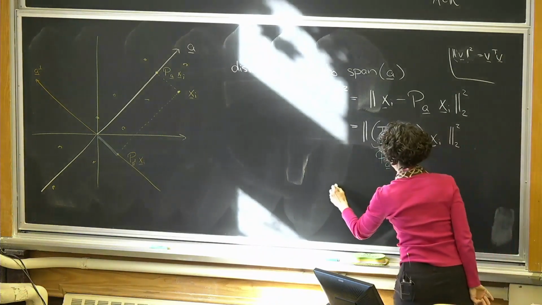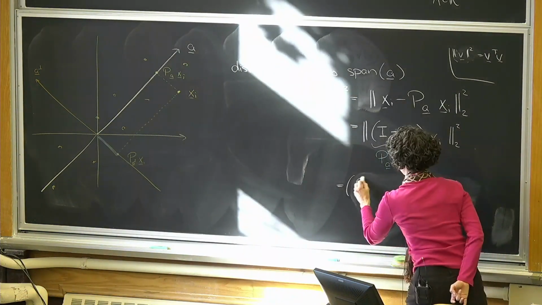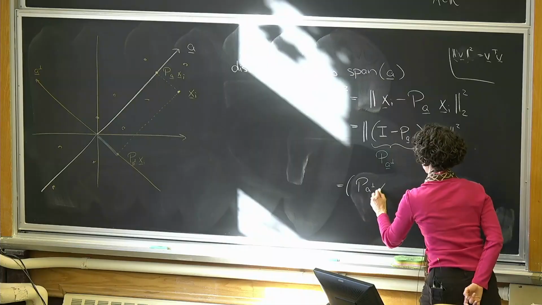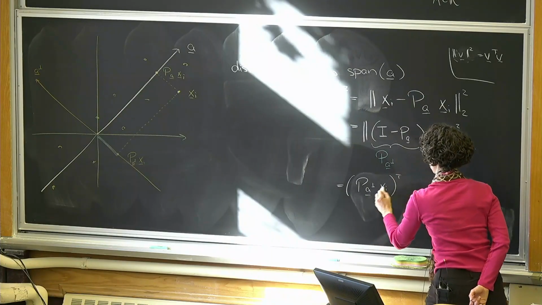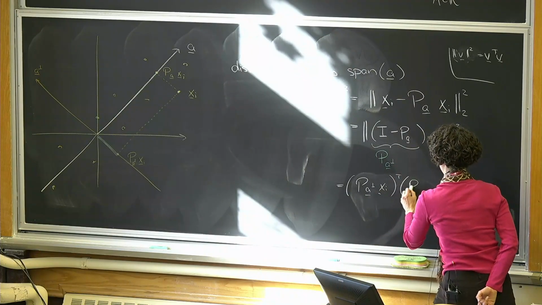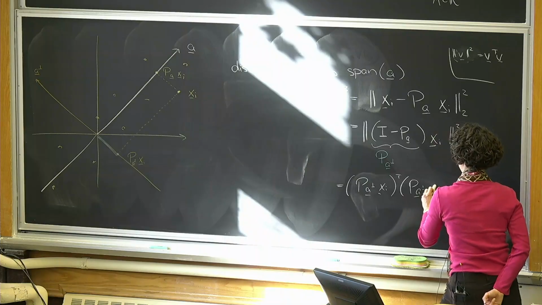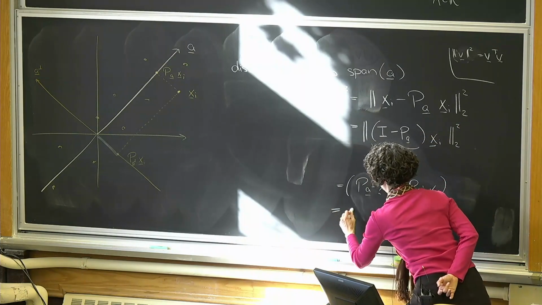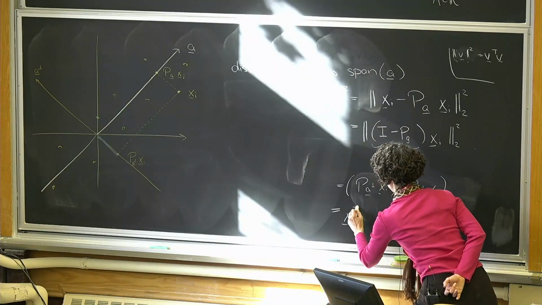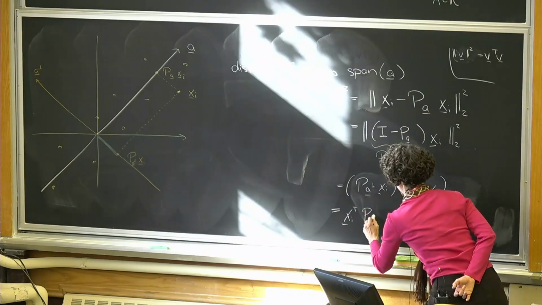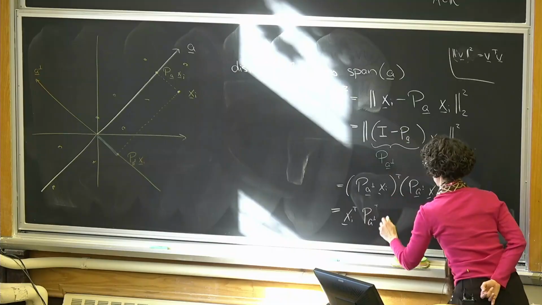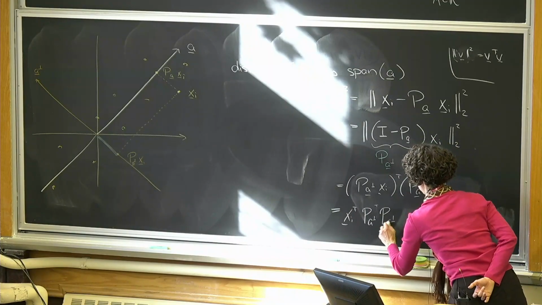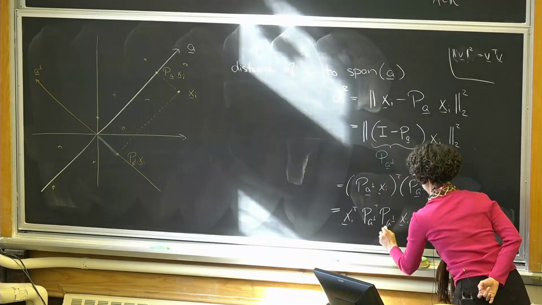And so what I'm going to have is PA perp times xi, transposed, times PA perp times xi. Or rather, xi transpose PA perp transpose PA perp xi.